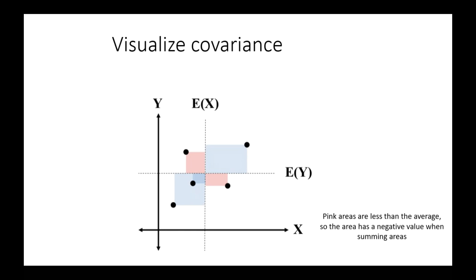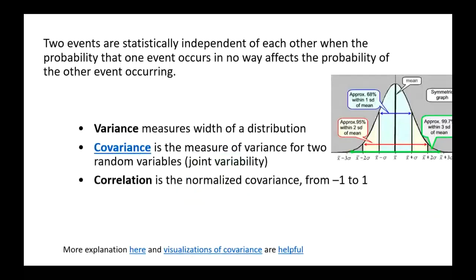So it's a measure of how spread out things are in two dimensions. Covariance is the spacing out of things in two dimensions, and then you can normalize that to between -1 and 1, and that's your correlation. Questions on that? That's the concept of correlation.